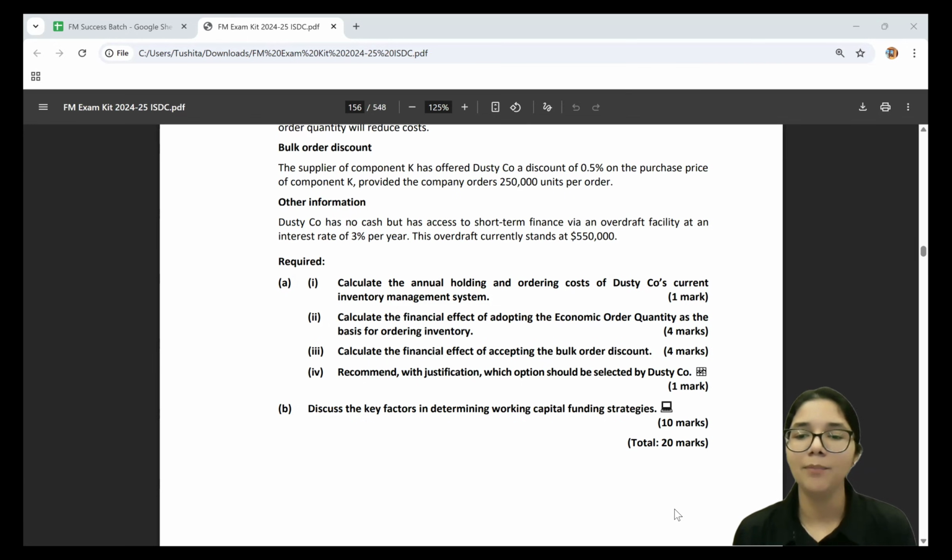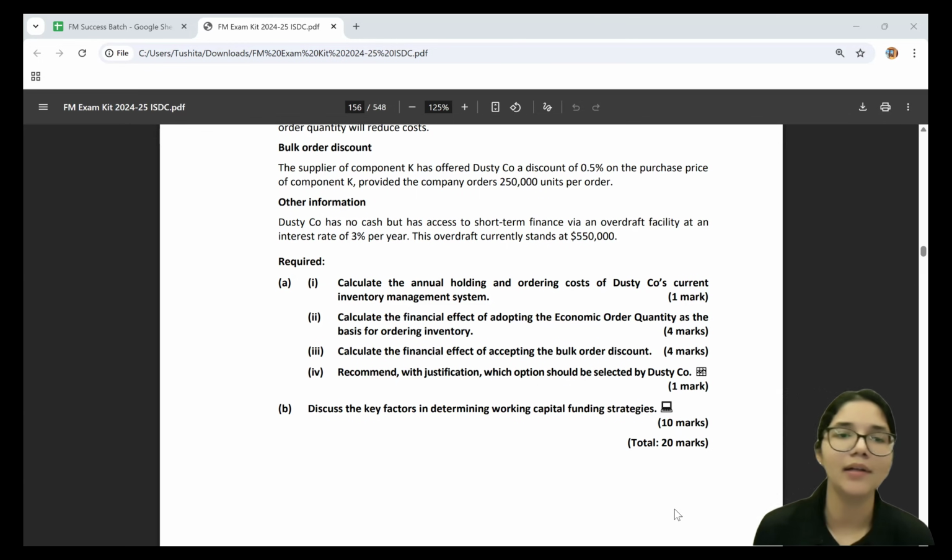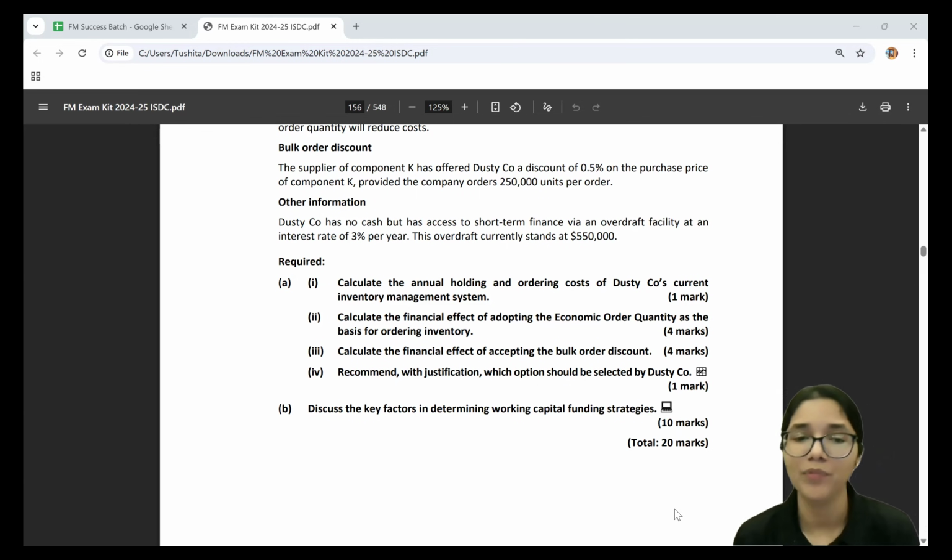So working capital funding is all about, what does the funding policy tell you about? What's the difference between working capital funding and working capital investment? Firstly, are they the same? Is working capital funding policy or strategy same as the working capital investment strategy? No, they are different. So what is the difference? What sets them apart?